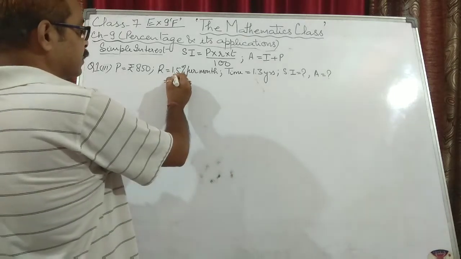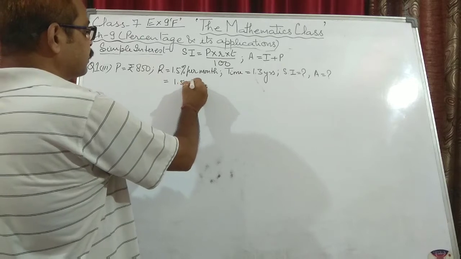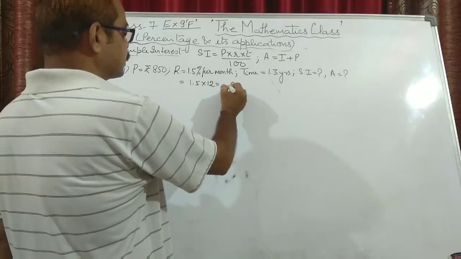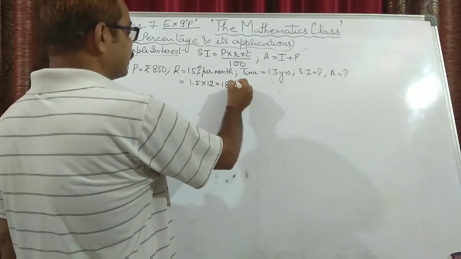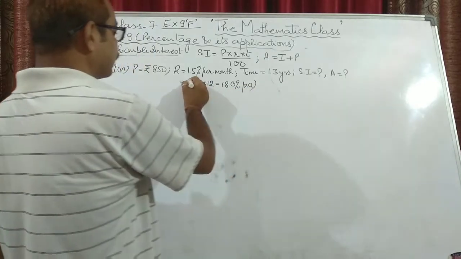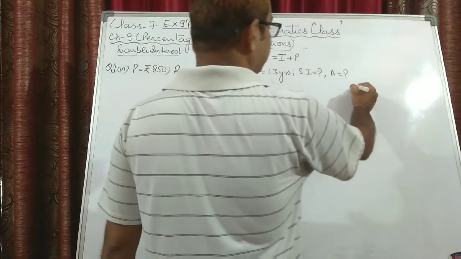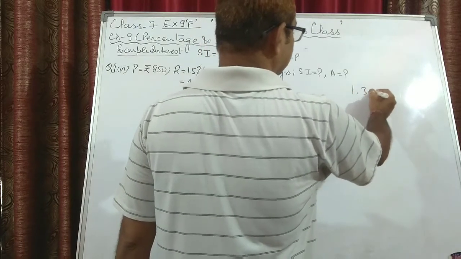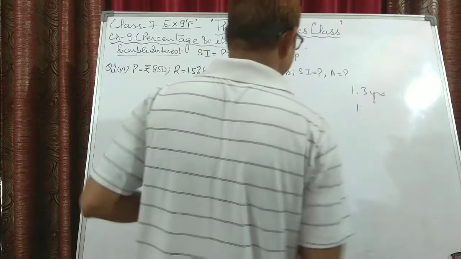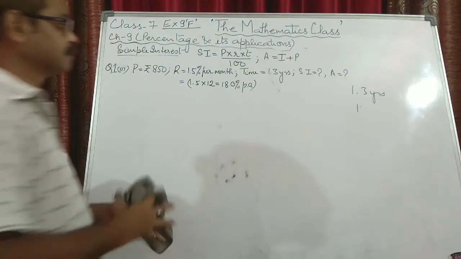So if for 1 month it is 1.5, then per year it will be 1.5 into 12, because there are 12 months in a year. 12 fives are 60, so 18% per annum is the rate of interest, and time is given as 1.3 years. 1.3 years can be written as 13 upon 10, so no need to solve all this.